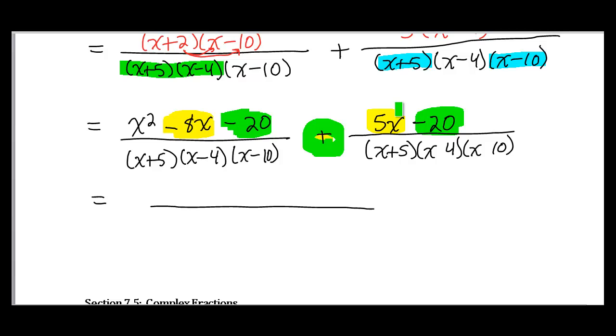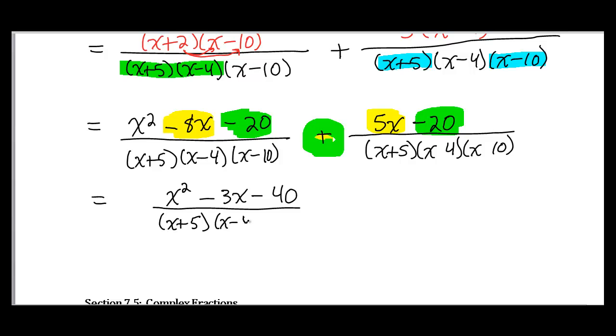That'll give you negative 40. And so what we're going to realize is that we're going to have x squared minus 3x minus 40 all over x plus 5 times x minus 4 times x minus 10.